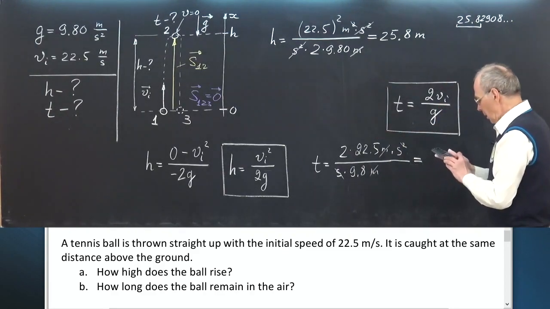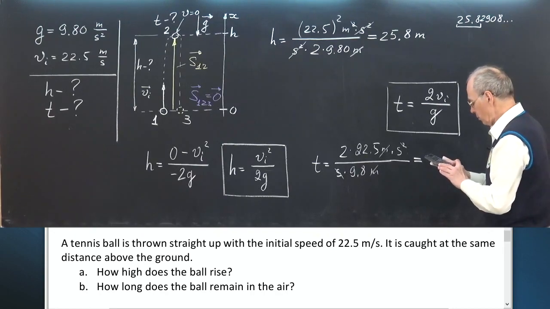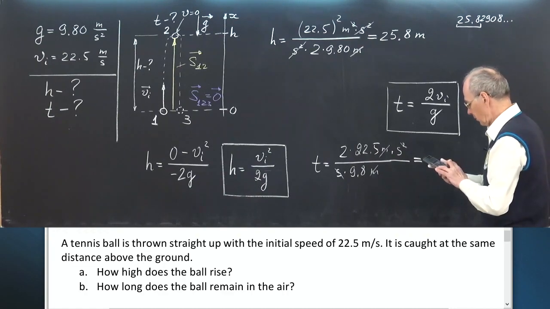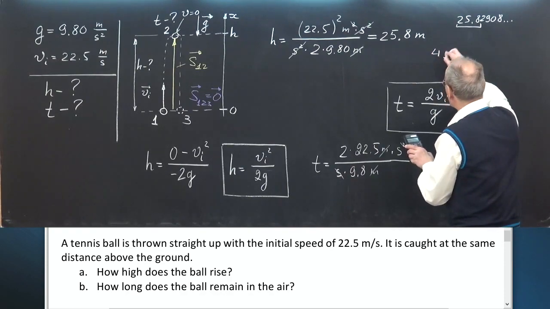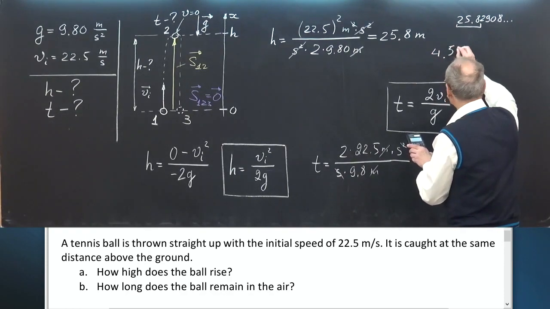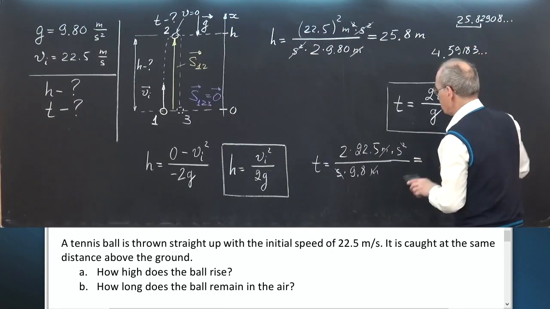It equals 2 times 22.5 over 9.8 gives 4.59183 and so on.